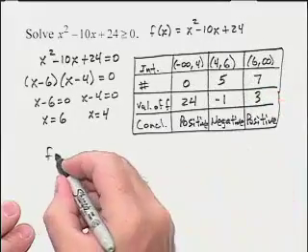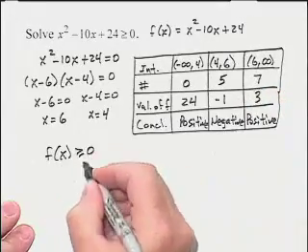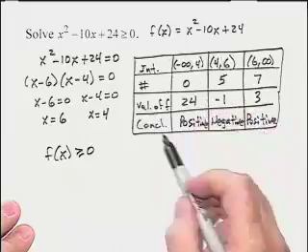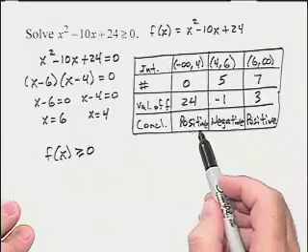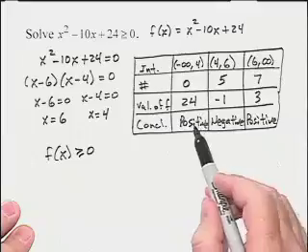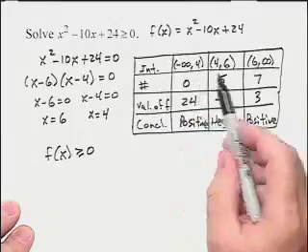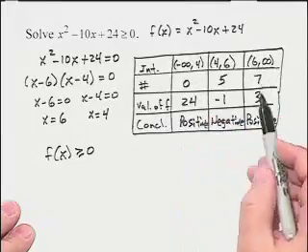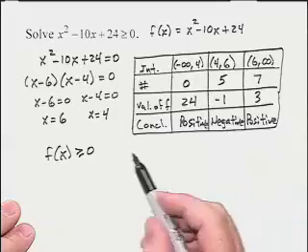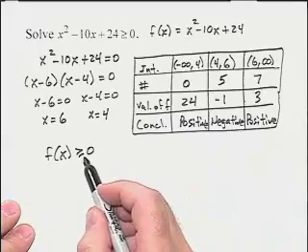Remember, we're looking for f of x to be greater than or equal to 0. This table will tell us where f of x is greater than 0, that is, where it's positive. So we have the interval negative infinity to 4 and the interval 6 to infinity where the function's positive. We also need to know where the function is equal to 0.